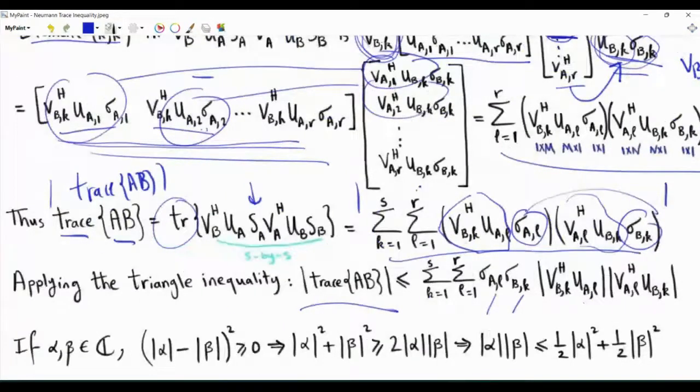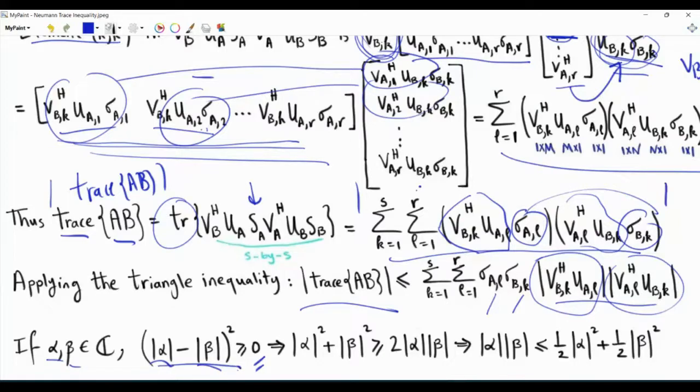Second step is that we will upper bound this product of magnitudes by 1/2 of this guy squared plus 1/2 of this guy squared. And this follows simply from the following fact. If you have two complex valued quantities, alpha and beta, then of course the magnitudes are real valued and non-negative. So magnitude of alpha minus the magnitude of beta is a real valued quantity. And if we square that real valued quantity, then we definitely get something that is non-negative.